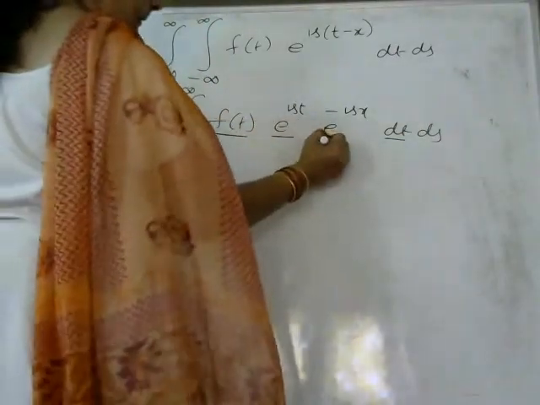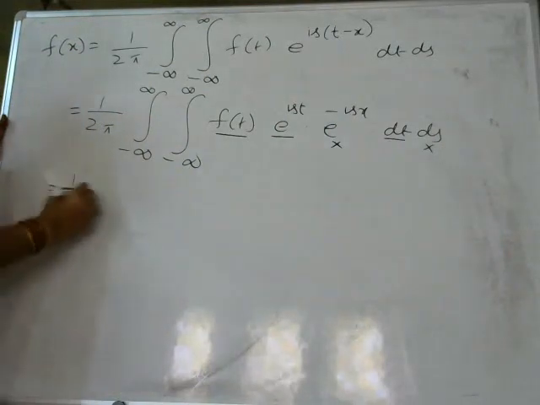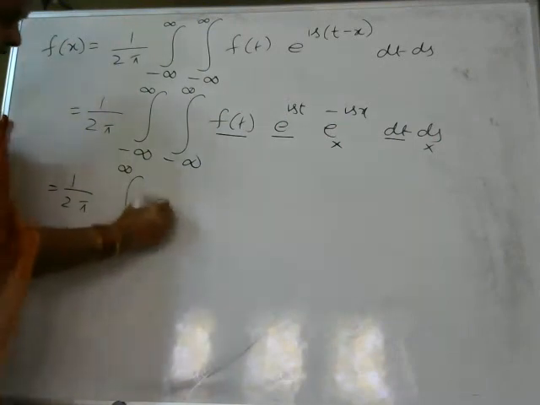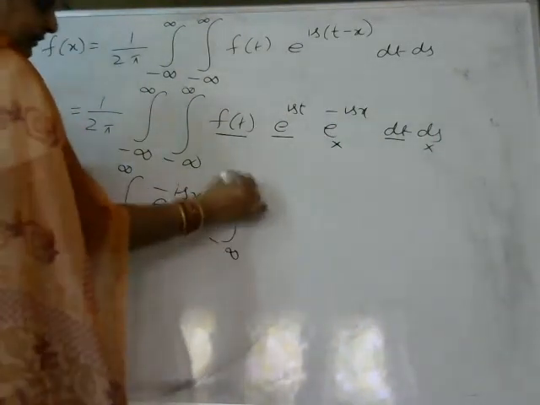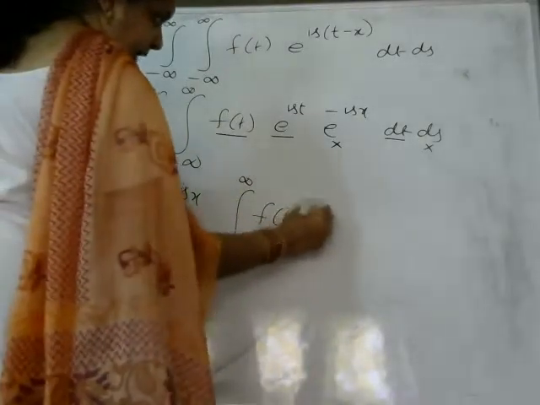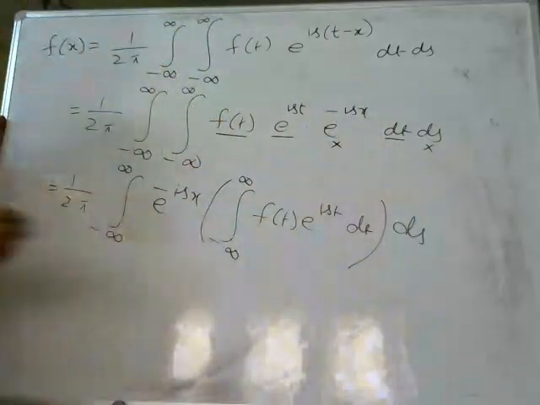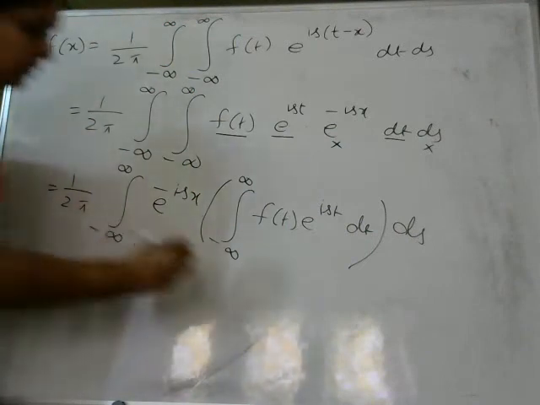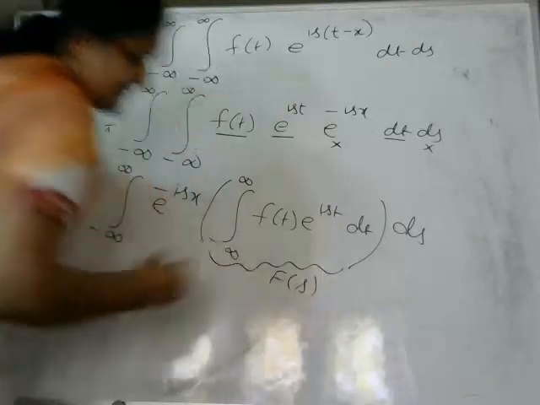A function of s with ds we'll write as another integral. So what will be the value? 1 by 2 pi integral minus infinity to infinity e to the power of minus isx, integral minus infinity to infinity f of t e to the power of ist dt, ds. Clear?